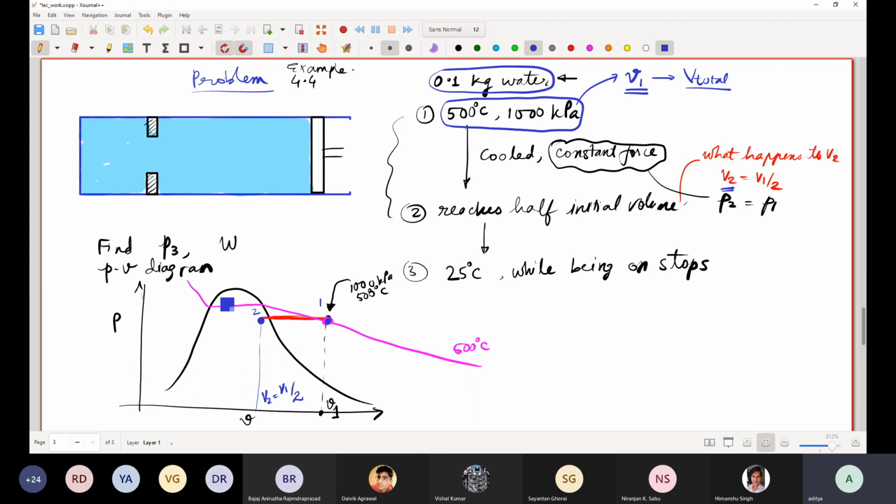So now the question says, until it reaches half the volume.